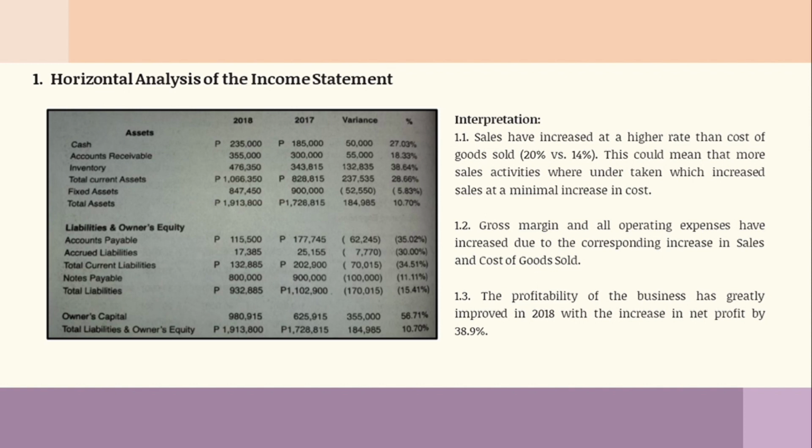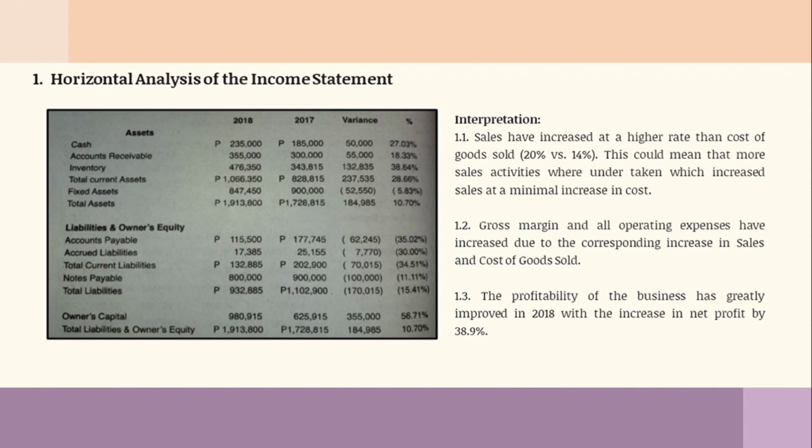na related accounts. So sa interpretation number 3, ang bago dide, the profitability of the business has greatly improved in 2018 with the increase in net profit by 38.9%. Direkta siya mapakita kay sugad ko pa kanina na cut off ang picture.